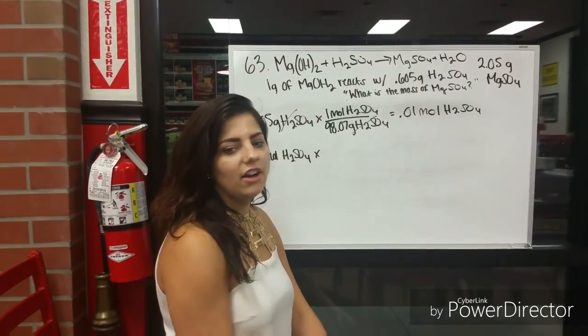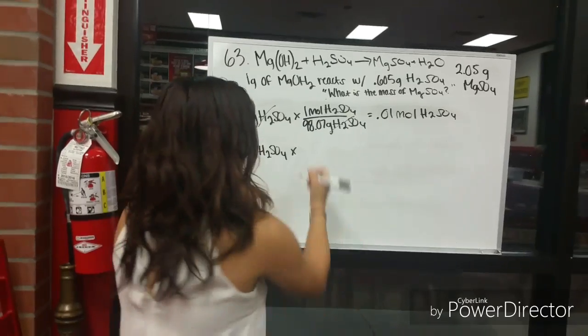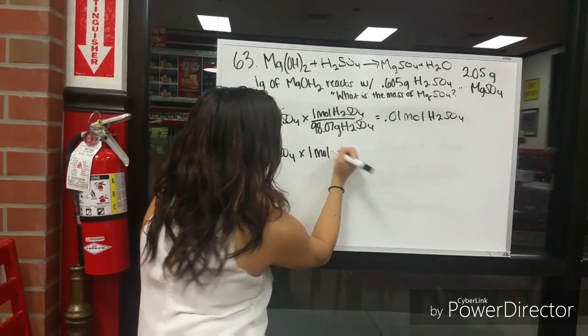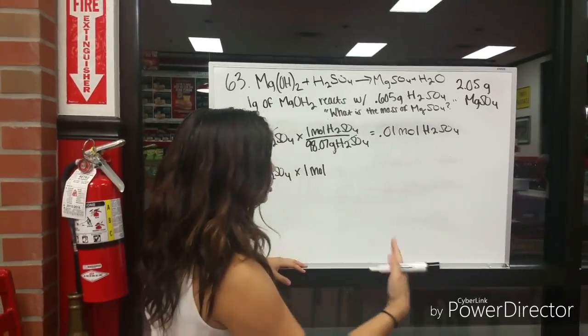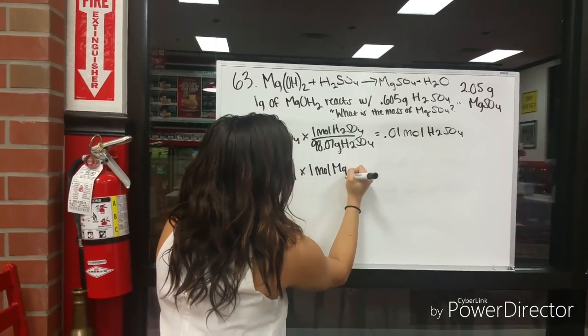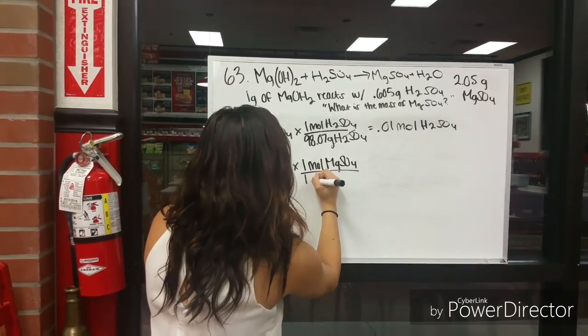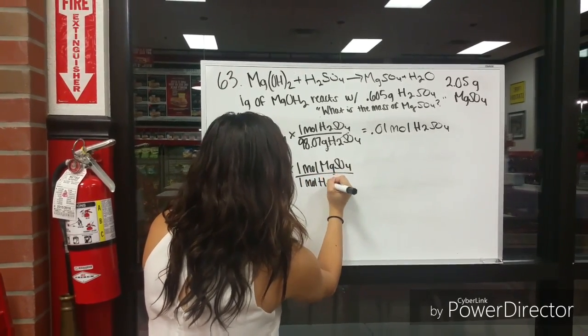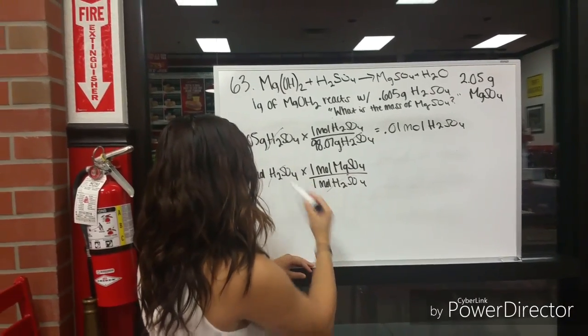And again, we're going to have moles on top and bottom because we're still trying to find the mole version. So we're going to do 1 mole of MgSO4, because that's the one we're trying to get, over 1 mole H2SO4. And these two are the same, so they're going to cancel out.